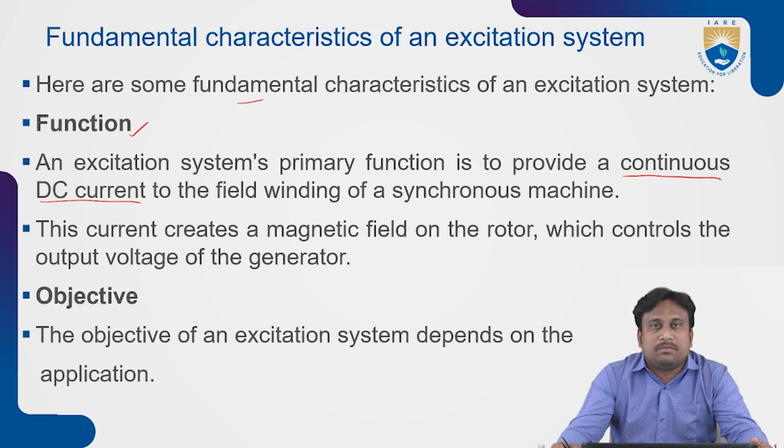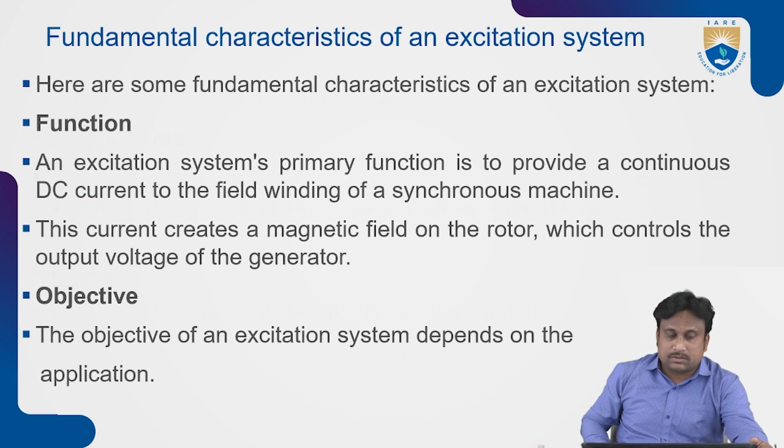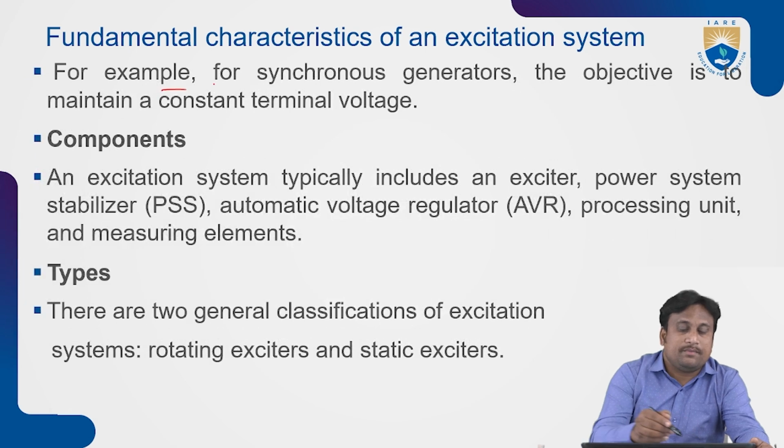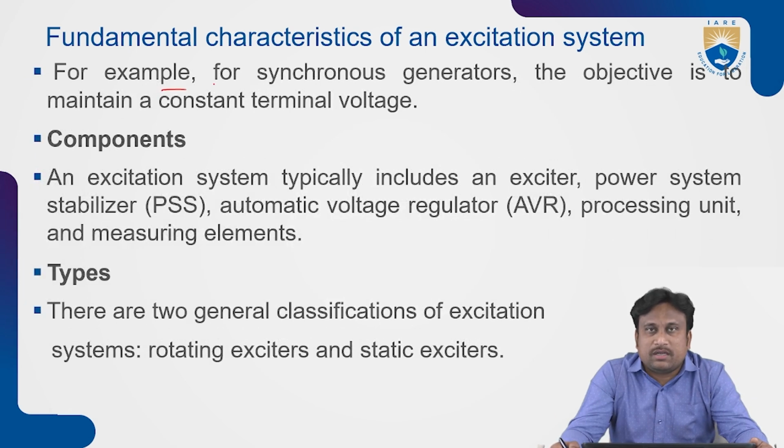The main objective of an excitation system usually depends upon the application. For example, for synchronous generators or alternators, the objective is to maintain a constant terminal voltage.